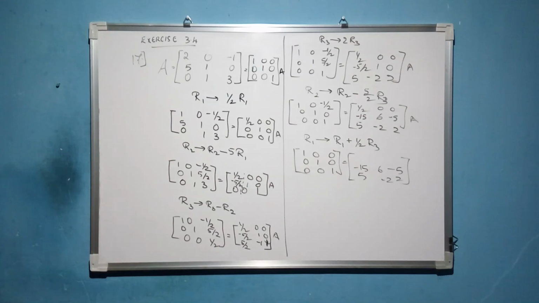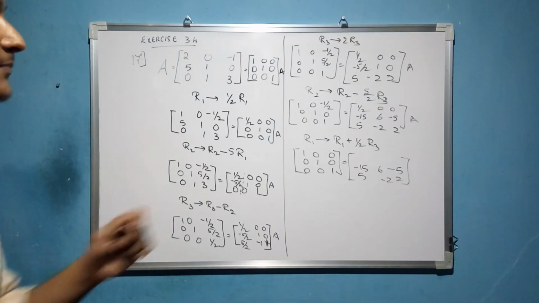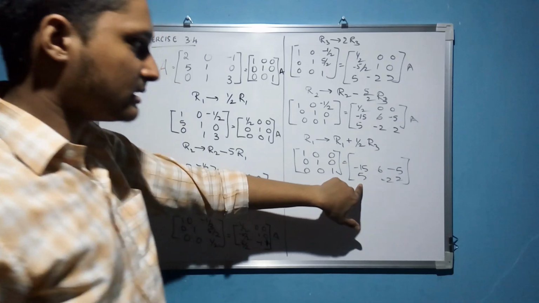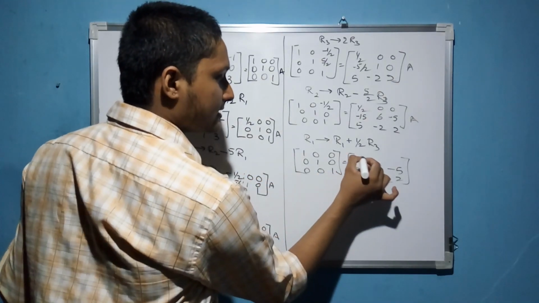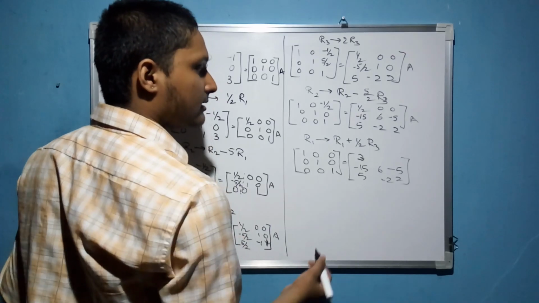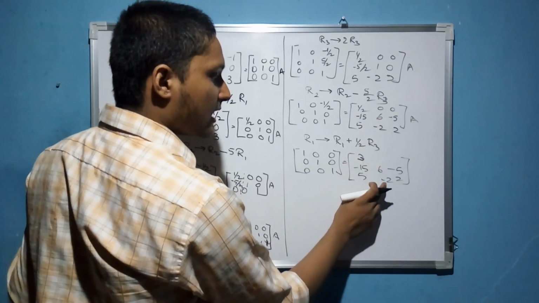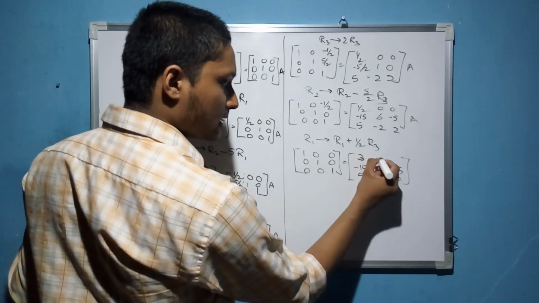The next one we are going to get is about R1, R1 plus half times R3. So half plus 5 by 2 is going to be 6 by 2, or 3. Then you have 0 plus half into minus 2, that is going to be minus 1.